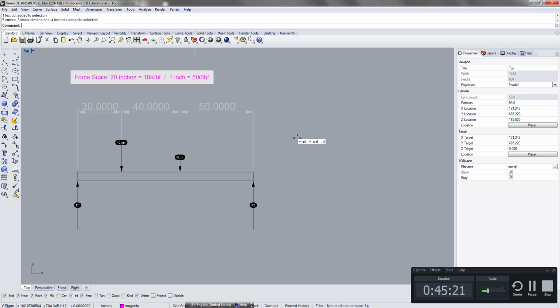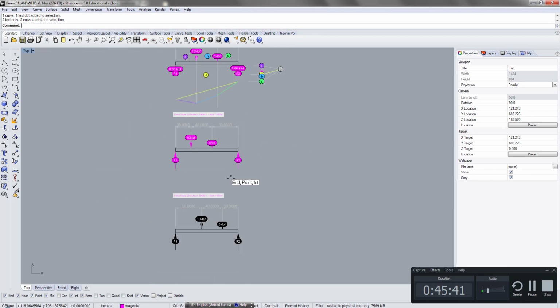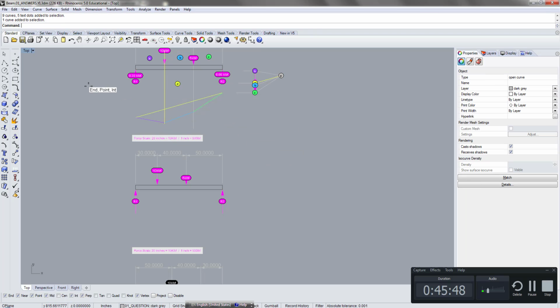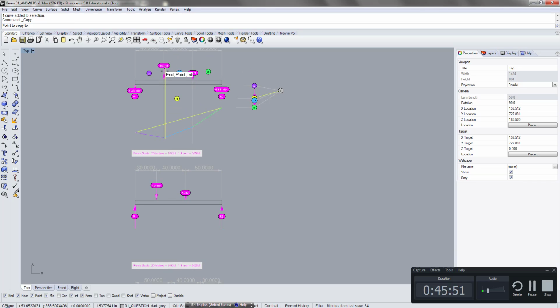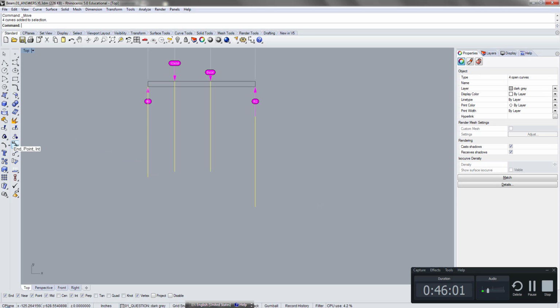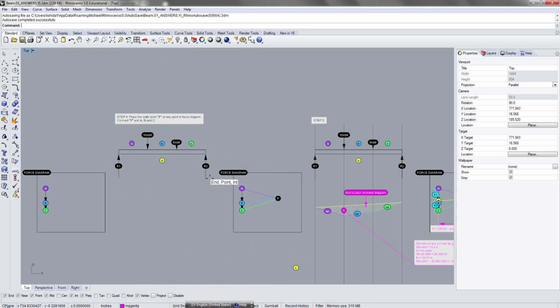But again, it's the same exact process. Okay, so I'm looking at this explanation.